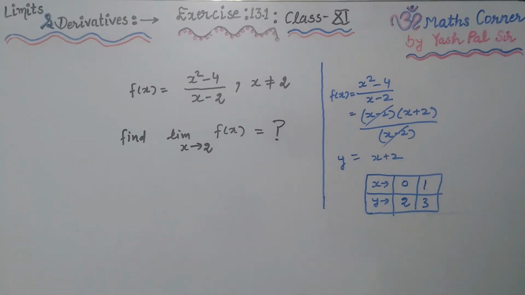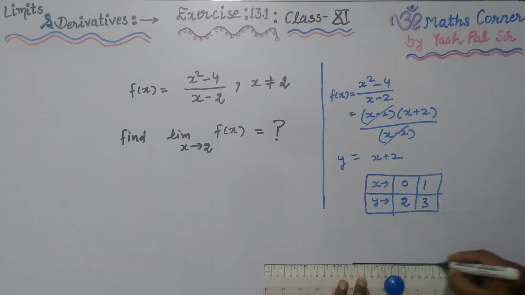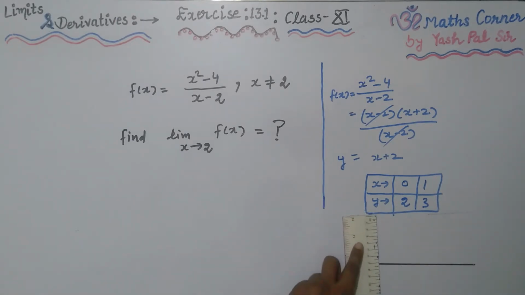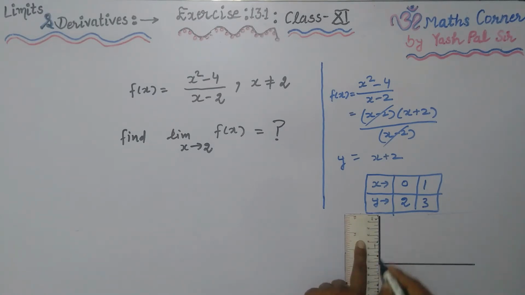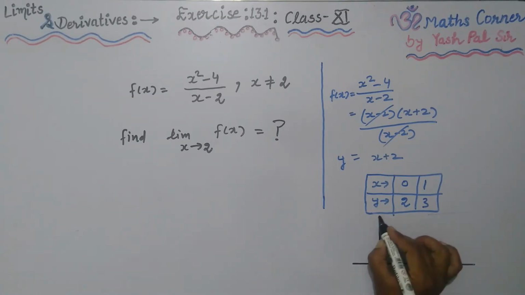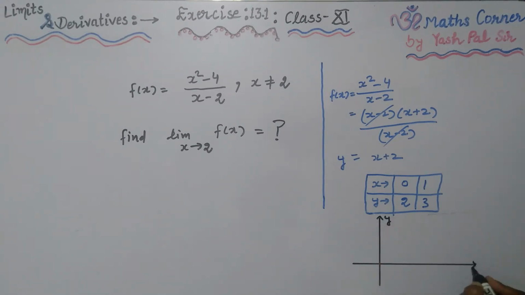So now what happens to the graph? We have the x axis and y axis, right? This is the y axis and this is the x axis. x is 0, 1, 2, 3, 4, 5. Similarly, y is 1, 2, 3, 4, right?